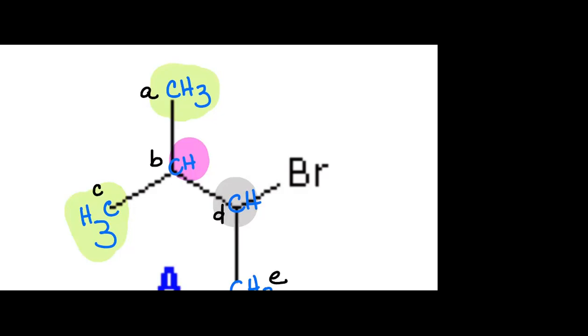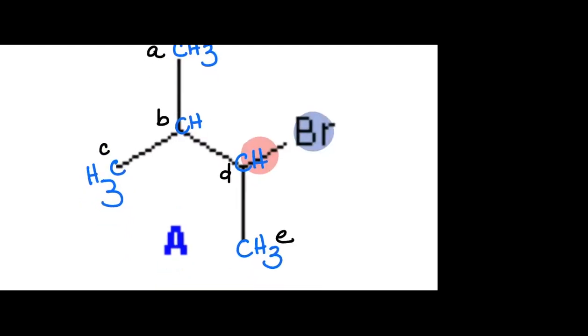Okay, let's explore now carbon D. In carbon D, we are bonded to a hydrogen. We're bonded to a bromine. We are bonded to a CH3.